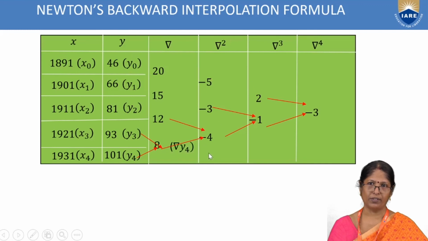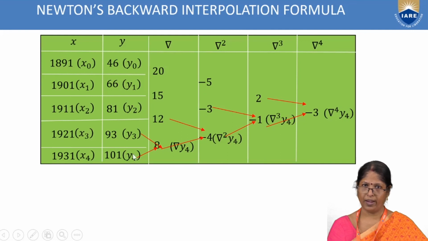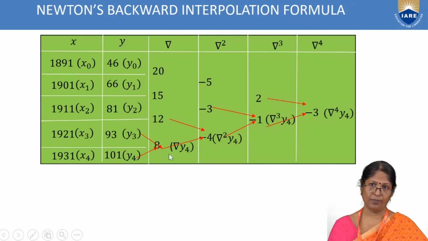Now the naming part. This 8 is named del y4. This minus 4 is del square y4. Minus 1 is del cube y4. Minus 3 is del power 4 y4. Here y4 is written everywhere because we are ending the table, and the last value is y4.